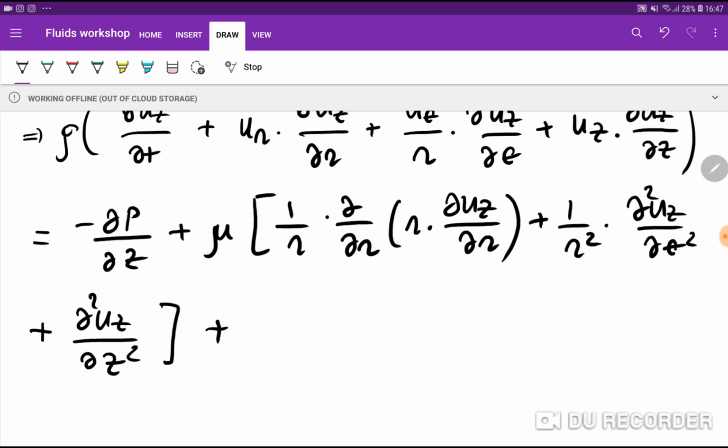And then lastly but not least, you have the gravity term. So it's rho times gz, the z component of the gravitational force.